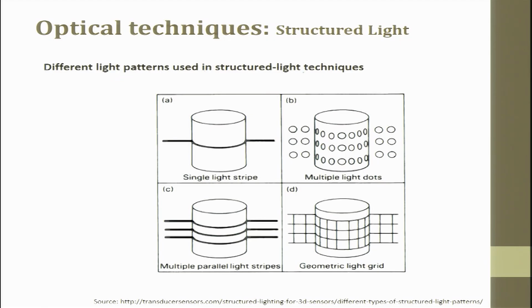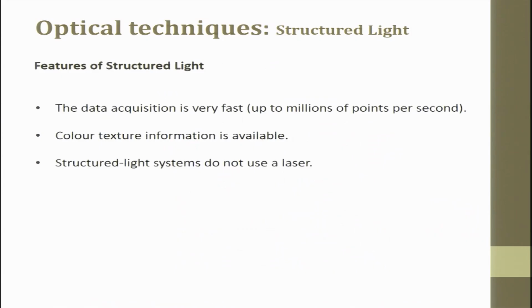Different light patterns used in structured light techniques are a single light strip, multiple light dots, where when the light reflects you can start measuring that and get the data, multiple parallel line strips, and geometric light grids. So, basically you make a grid of light and allow it to fall on the object, then you take the reflection from the object and gather the data.